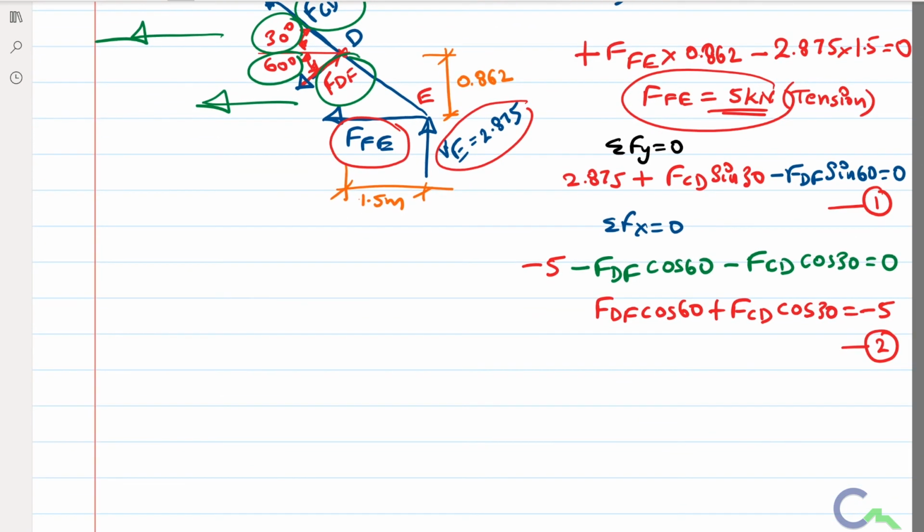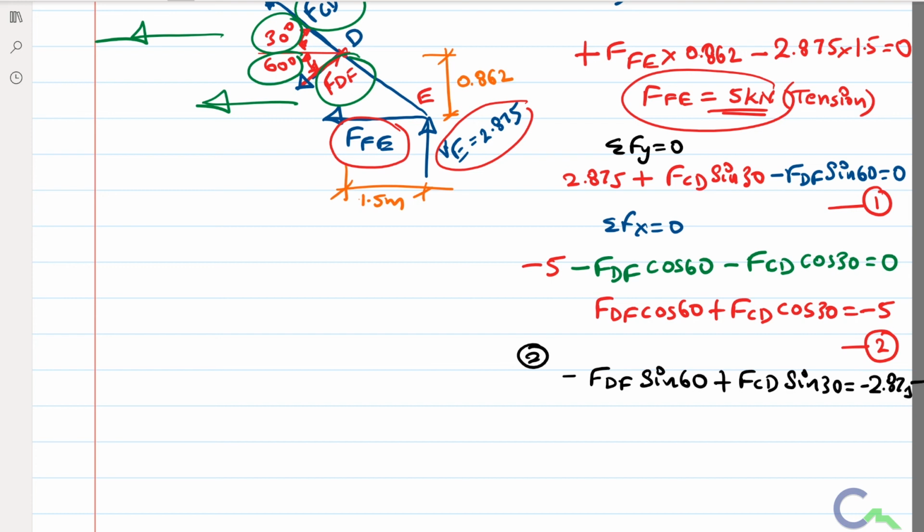Then I rewrite equation 1: minus FDF sin 60 plus FCD sin 30 equal to minus 2.875.